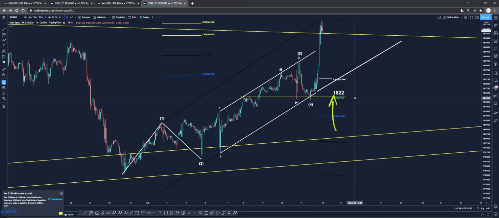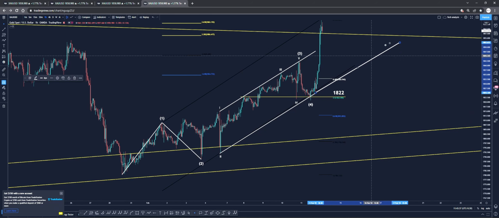If price retraces back up to 1822, then you can buy again with TP up to 1842, then a second TP at 1923. So 1822 is your horizontal support, and this white trendline is your dynamic support.